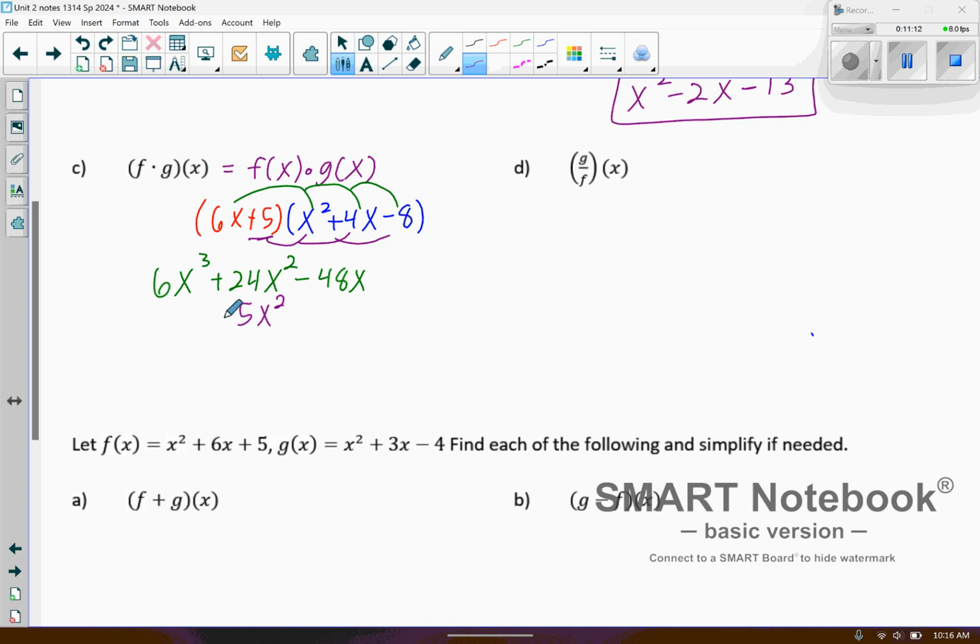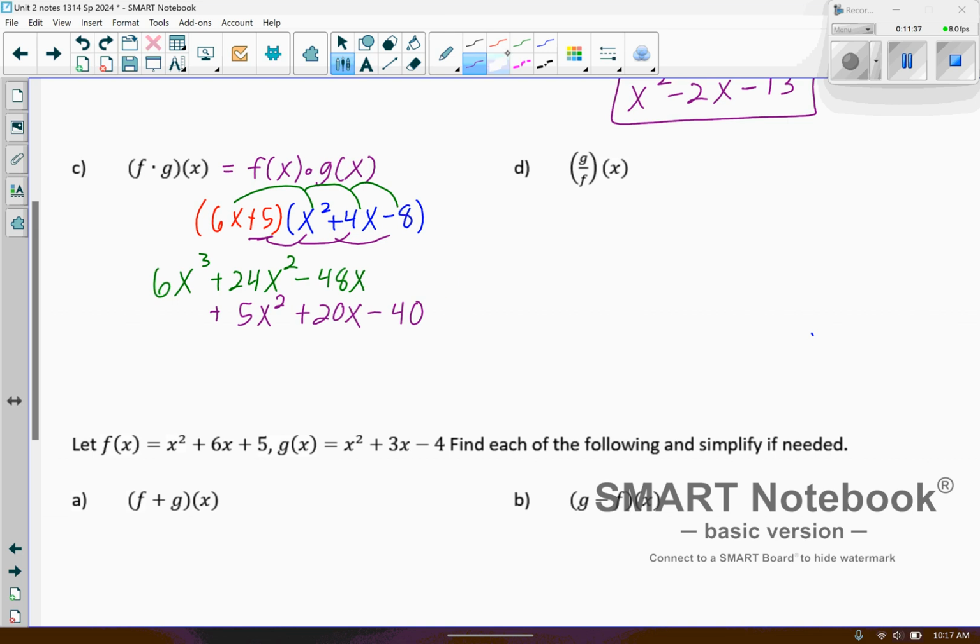Okay, and it's positive, so if you want to put a plus, you can. We're going to add those together in a moment. Then 5 times the plus 4x would be plus 20x's. So I'm going to put plus 20x's right below the x column. Then 5 times negative 8 is minus 40, and I don't have a column for that, so I just make a new column right here out to the right, because you want to go from highest to lowest power.